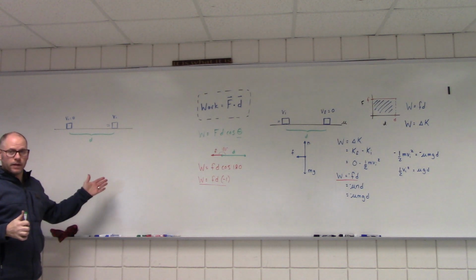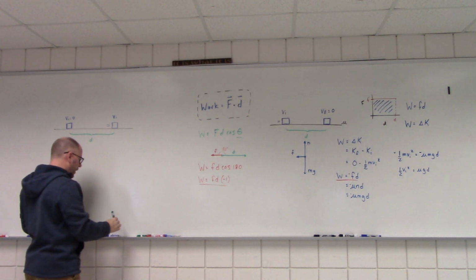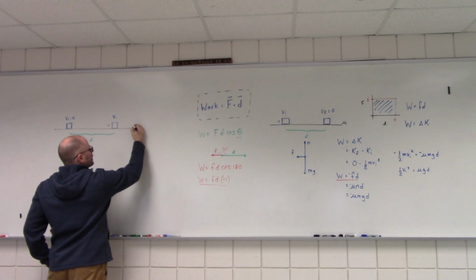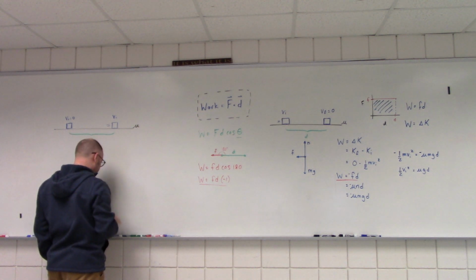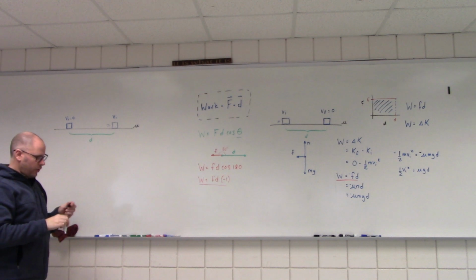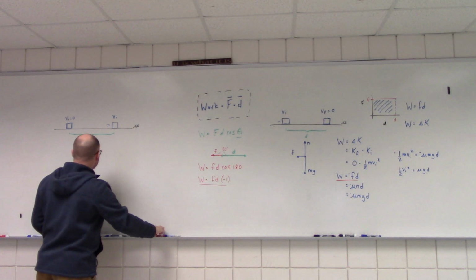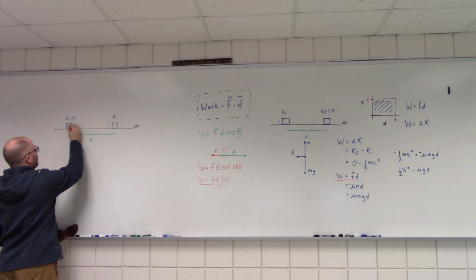It does it in some distance. But this time we're going to make it a little more interesting. We're going to say that it's sliding with friction, with coefficient of friction mu, and it's being pulled by some force F.